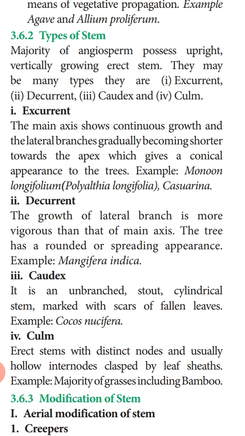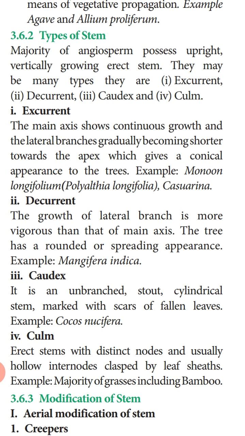As it grows towards the apex, towards the tip, the size of the lateral branches decreases. As a result, towards the tip we find a pointed structure. This type of growth in the stem gives a conical shape to the tree, and then it is called an excurrent stem.